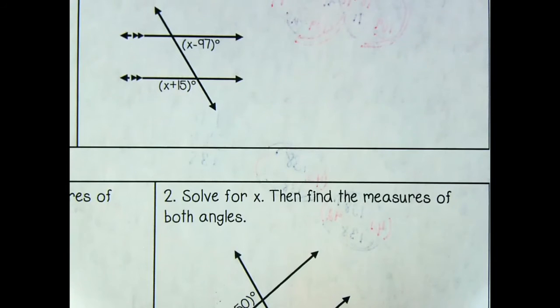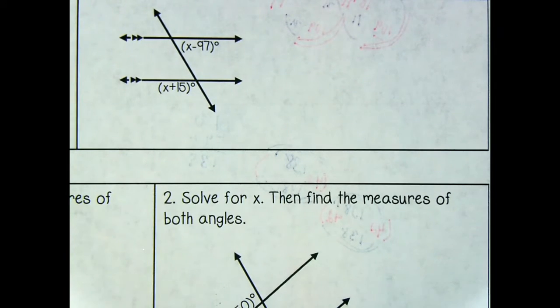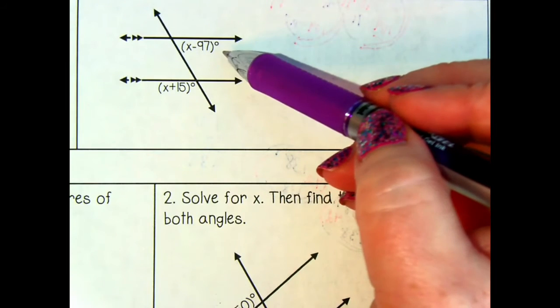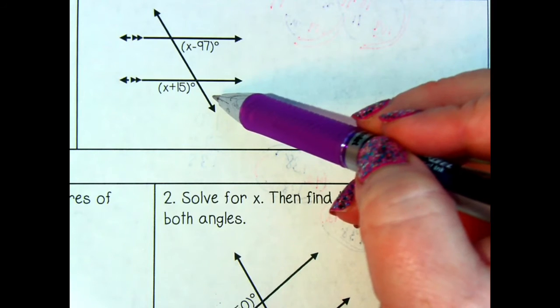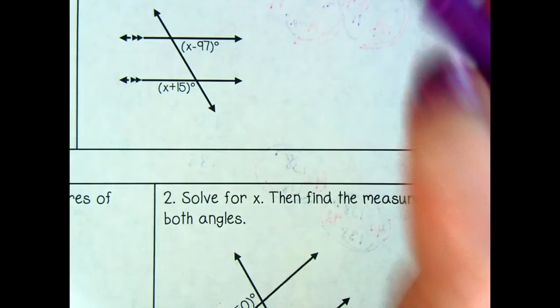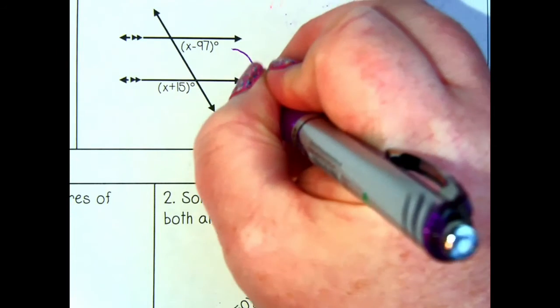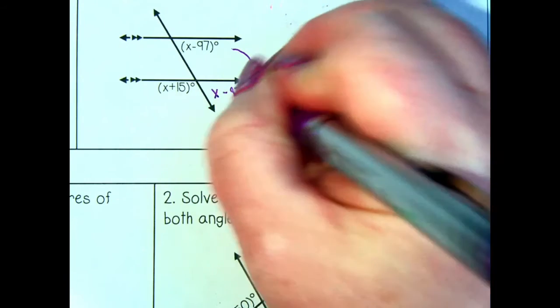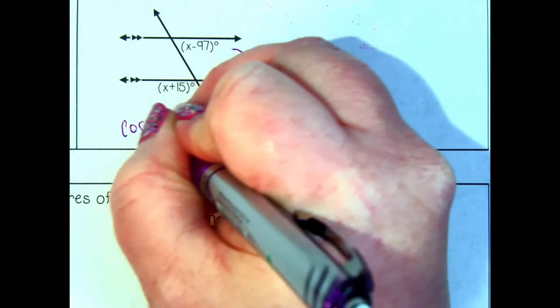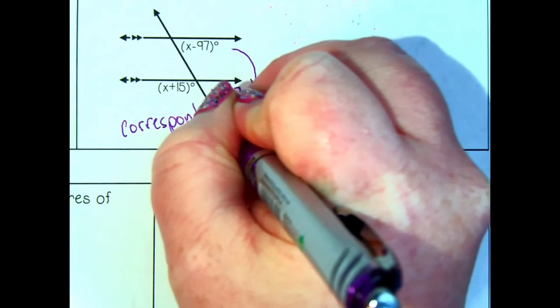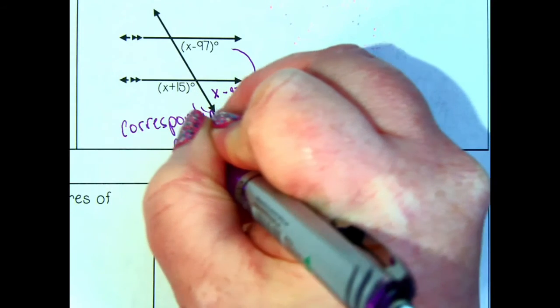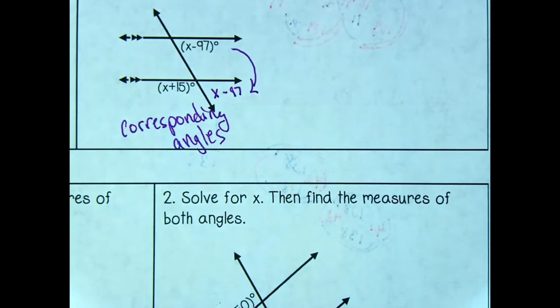In this example, I can see that there is no relationship between the x minus 97 and the x plus 15. However, I can use corresponding angles to move the x minus 97 down.